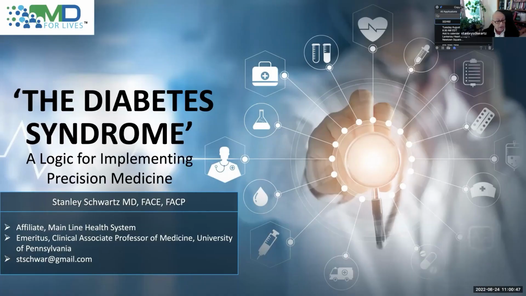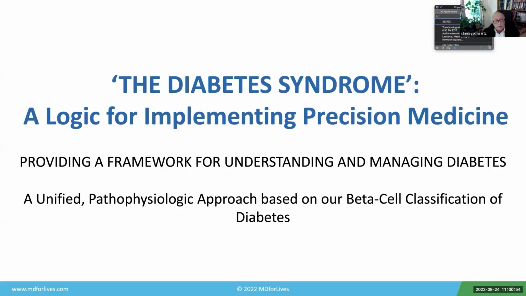Today's topic is the diabetes syndrome, a logic for implementing precision medicine. The key here is that this is a logic I've created for implementing precision medicine, and it provides a framework for understanding and managing diabetes today and in the future.